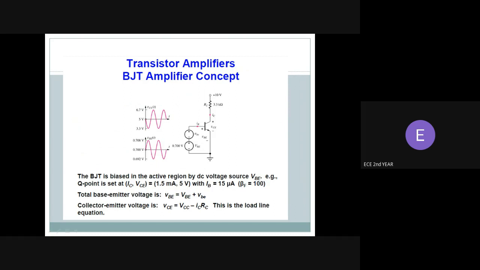Near the cutoff region, current flow is very low.